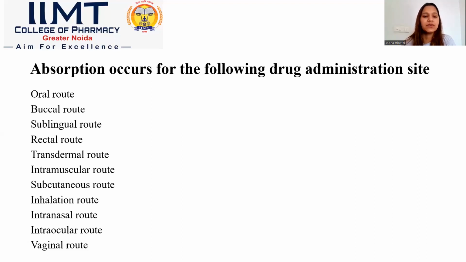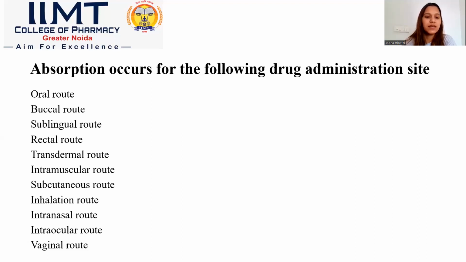Next is the subcutaneous route. As you know, the subcutaneous is the internal layer of skin, below the epidermis and dermis. In the subcutaneous route, implants are used for prolonged effect.